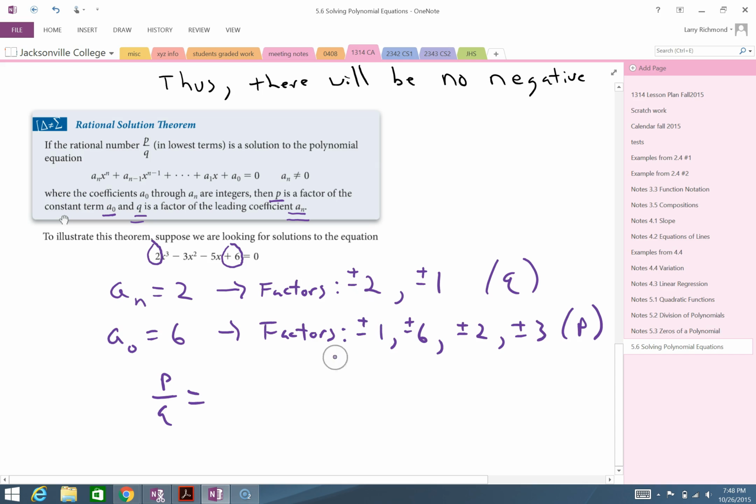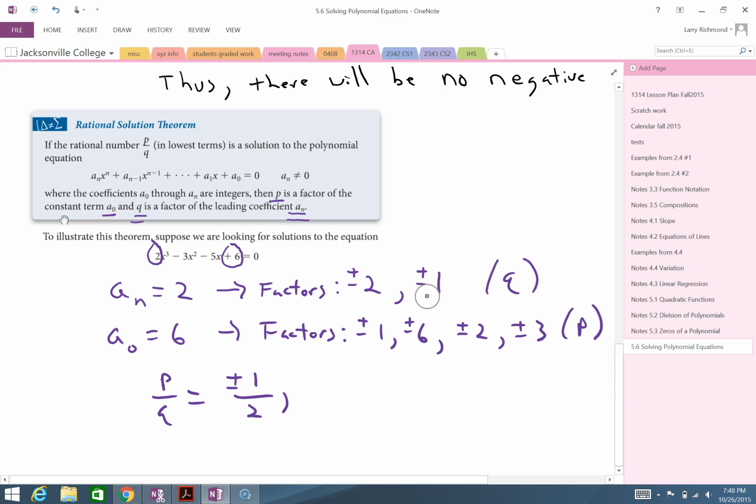I don't have to repeat the plus and minus on both of them, because we would accomplish the same thing. That is, I will say plus and minus 1 divided by 2. To say positive 1 divided by positive 2 is the same as saying negative 1 divided by negative 2, and we don't have to write plus and minus for both of these. That is this p divided by this q.